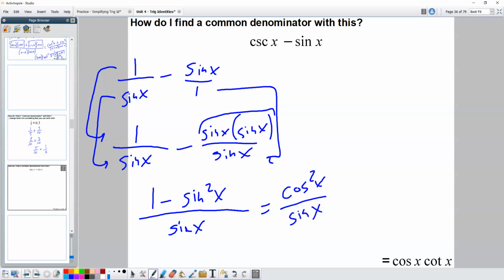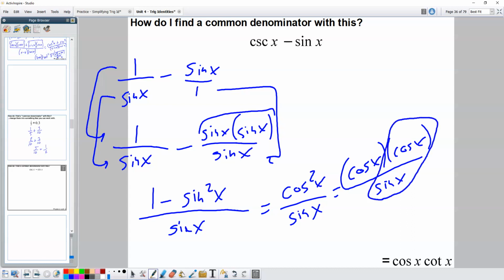And that is still not what it says down there at the bottom. Well, let's write it like this. Let's write cosine of x times another cosine of x over sine of x. Since it was cosine squared, we can write that as cosine times cosine. And then I'm noticing that that could be rewritten as cotangent. And then I should have my answer down there. So cosine of x cotangent of x. Final answer right there.